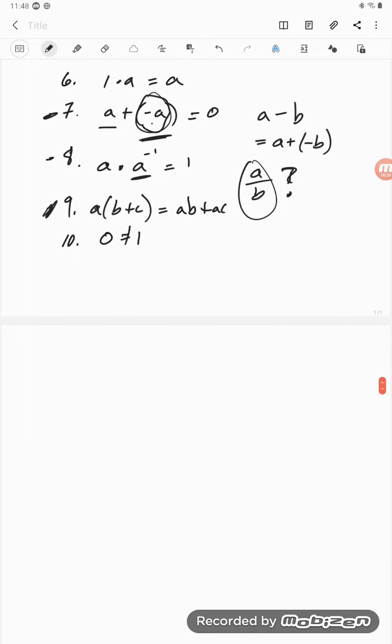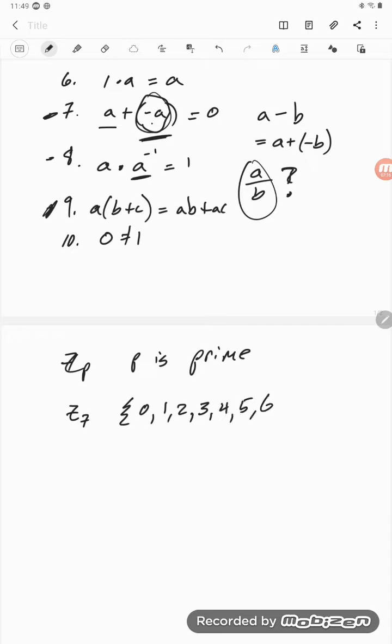Now, let's get back to these Z_P. P is prime. And the idea here is, let's go with something like they use Z_7 in the book. And so it has elements of 0, 1, 2, 3, 4, 5, and 6.